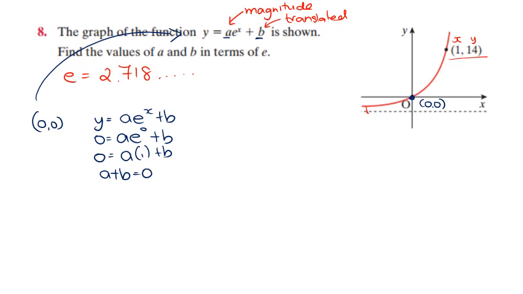Using the other coordinate, I've got 1, 14. That leaves me with, instead of y, I have 14. I have a, instead of x, I have 1, plus b, so 14 equals ae plus b.